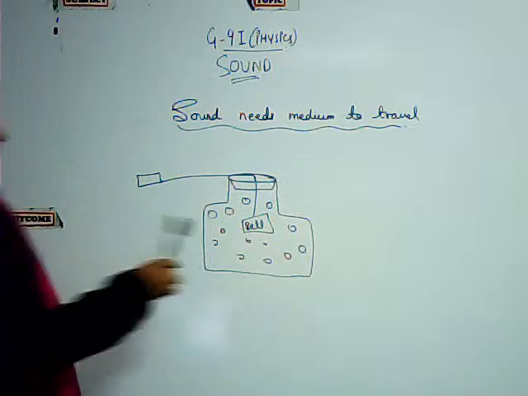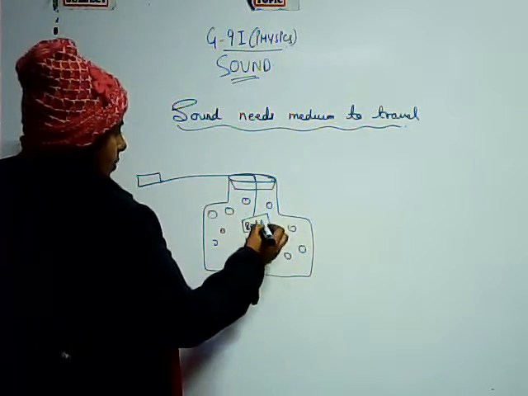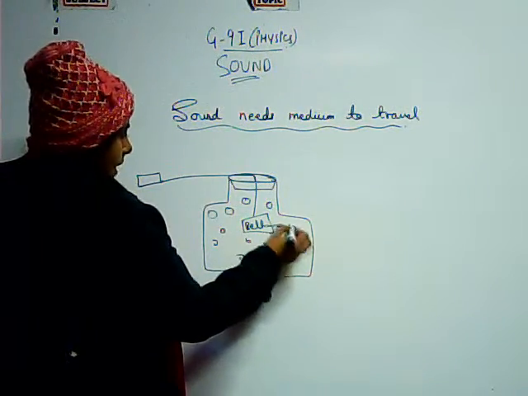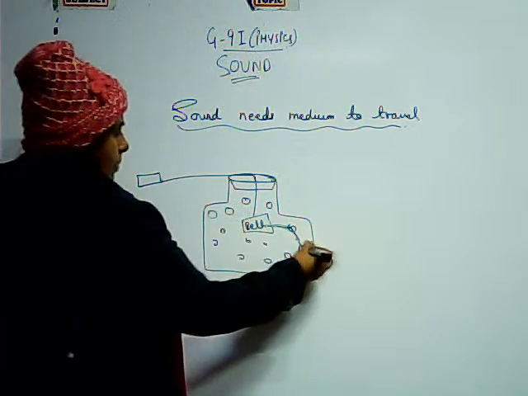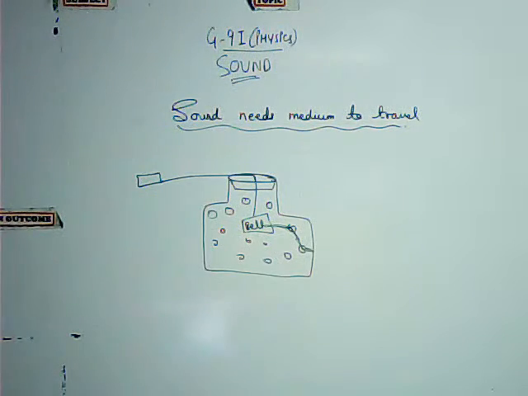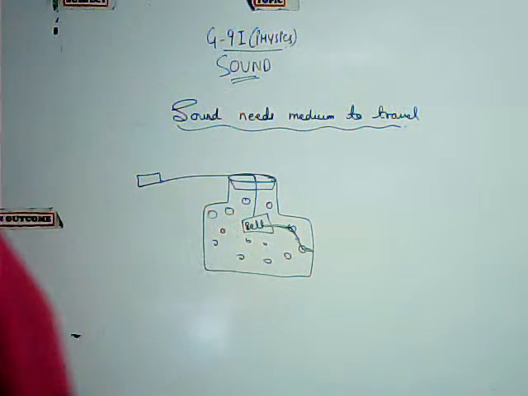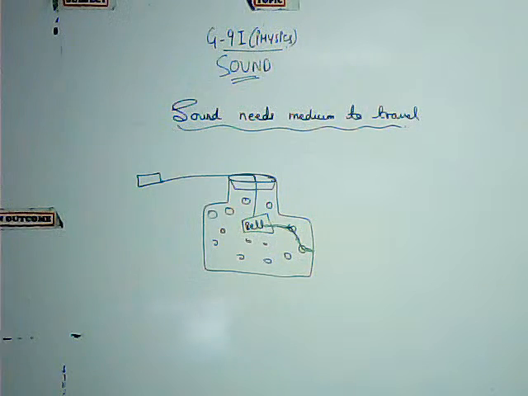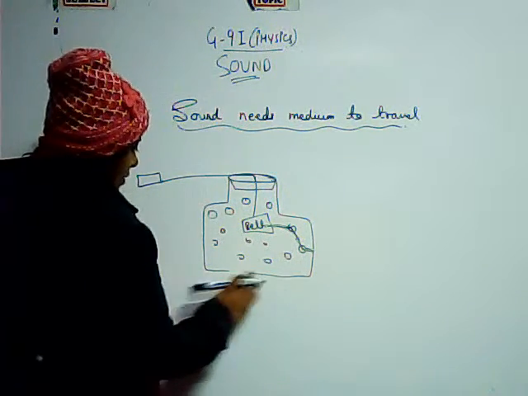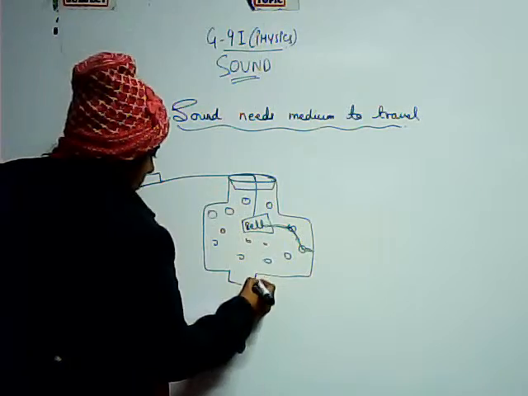Fine. When it strikes, it keeps vibrating. It collides with the nearby molecules. They vibrate. They collide with the next molecules, and the sound passes on. So you will hear it. Fine. If the top is not closed, you will hear a little more. If you just close the top opening, then maybe the level reduces, but you will be able to listen. Fine. Now we are going to attach one vacuum pump over here.